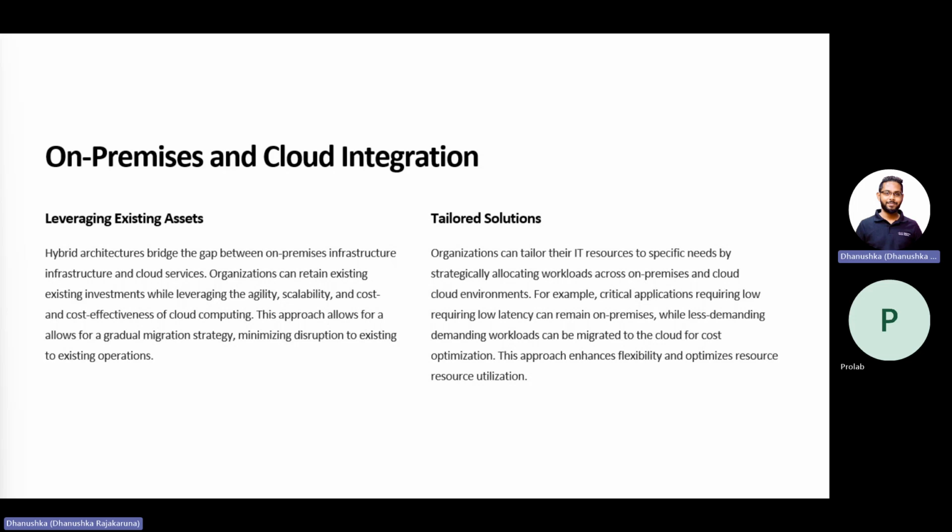Cost optimization is reusing existing hardware for private cloud components and strategic placement of workloads to minimize cloud expenses. Vendor collaboration, working with cloud providers to optimize for specific hardware platforms.